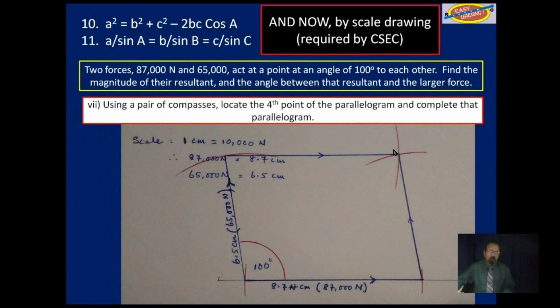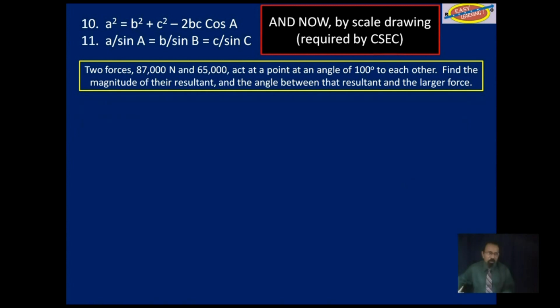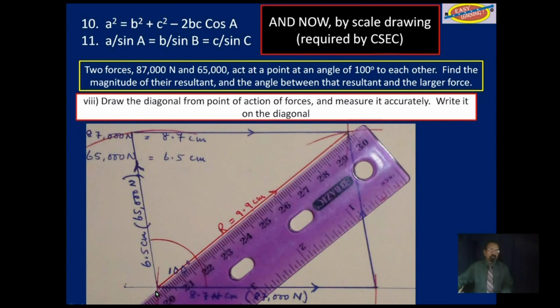We need to complete the parallelogram, so we locate this point here, and we draw a line from over here to there to get that side of the parallelogram, and a line from here to up there to get this side of the parallelogram. So now we have the parallelogram completed. We need to draw a diagonal from the origin to this side over here and measure it. When we do that, we find that we get 9.9 centimeters.